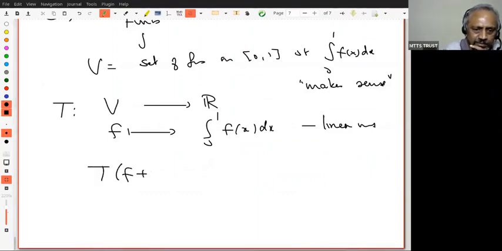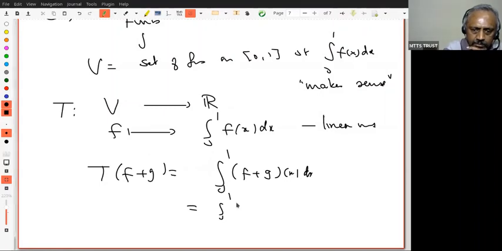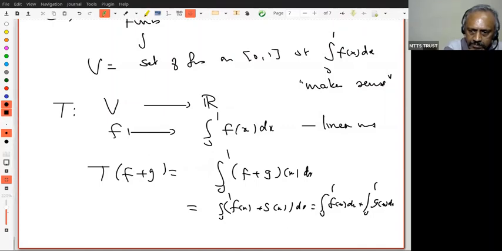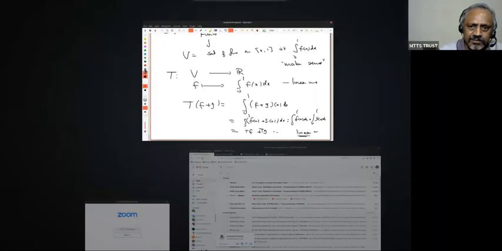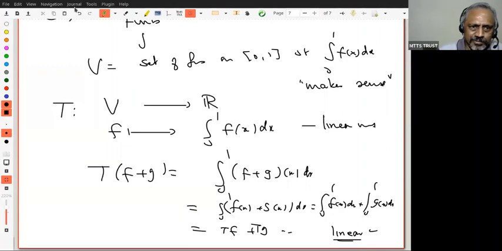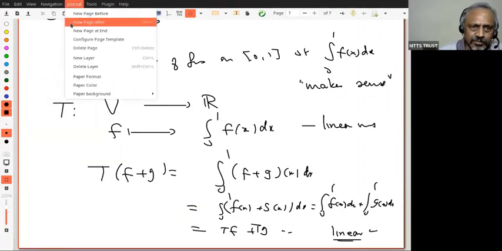T of f plus g is the integral from 0 to 1 of (f plus g)(x) dx, which is the integral of f(x) dx plus the integral of g(x) dx. That is T of f plus T of g. Therefore this is also a linear map. One has to check scalar multiplication, but that's easy. Essentially I'm assuming that you know these facts, and in analysis we will give you a proof for this also.